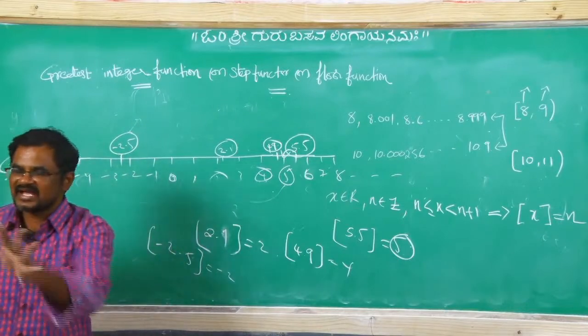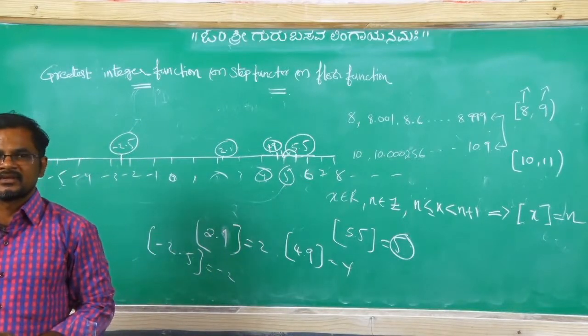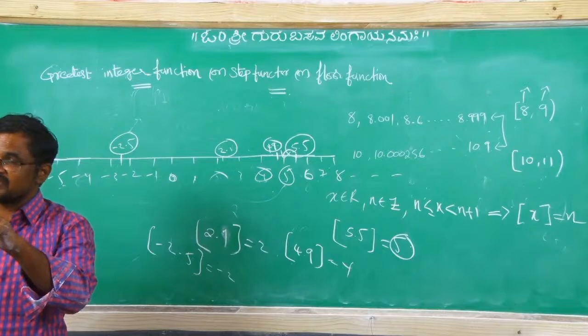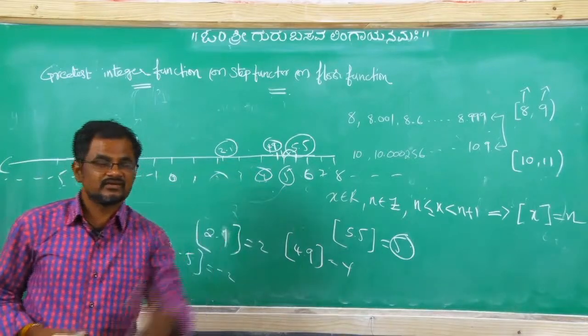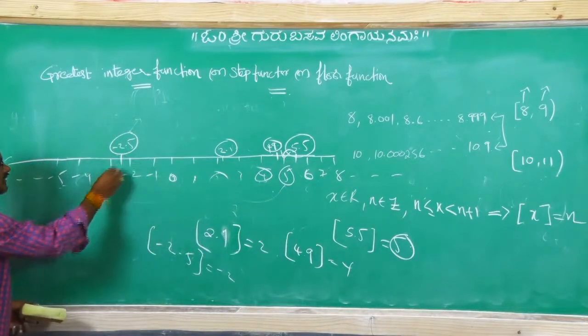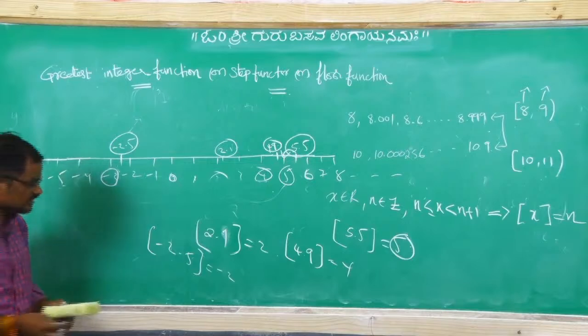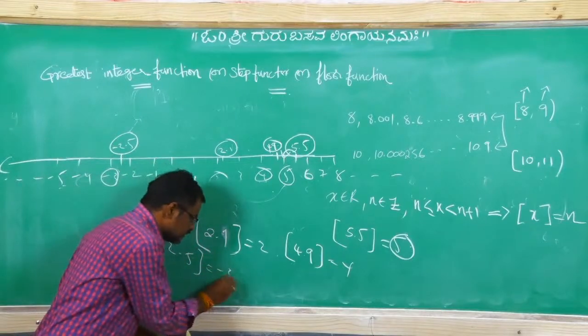Because what are they asking? The greatest integer of that real number, on the left side of that one. What is on the left side of minus 2.5? The greatest integer is minus 3, no? So that's why you will get minus 3.